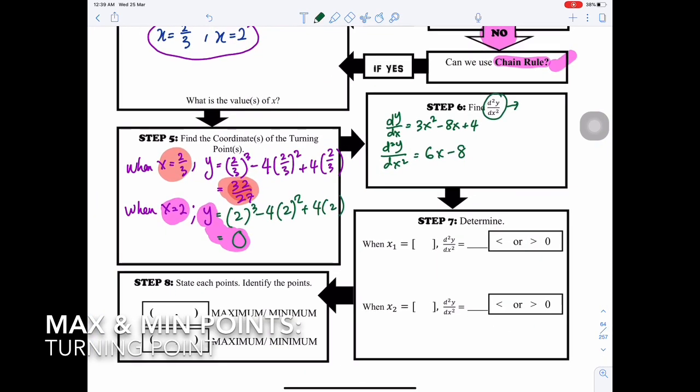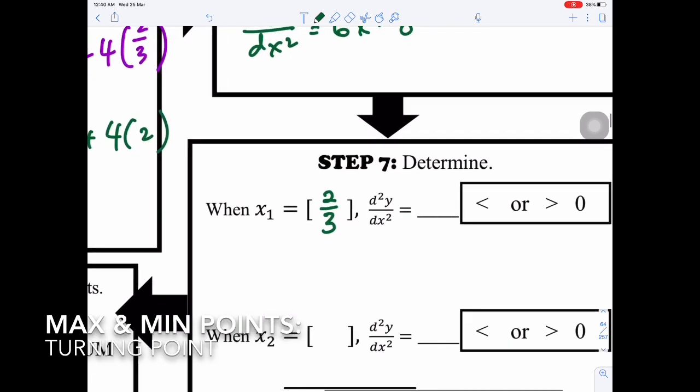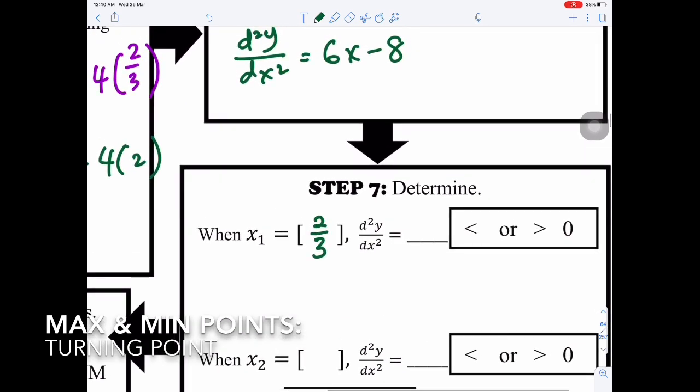When x equals 2 over 3, the value of the second derivative is negative 4. How do you get negative 4? It equals 6 times 2 over 3 minus 8, so you get negative 4.